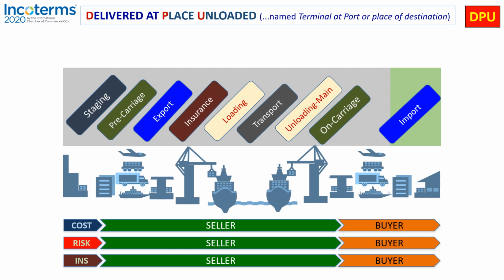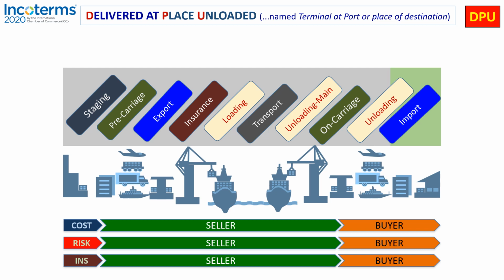Any on-carriage which is there is the responsibility of the seller if it is agreed. If the place is agreed as somewhere which is an inland destination away from the main terminal, then on-carriage is also the seller's responsibility. And also, if the point of delivery, the point of ultimate transfer, is defined as an inland destination, the unloading from that vehicle also becomes the seller's responsibility.